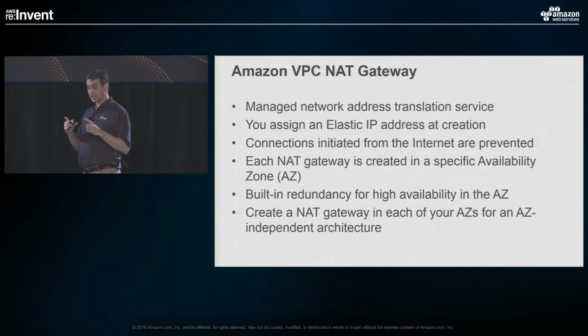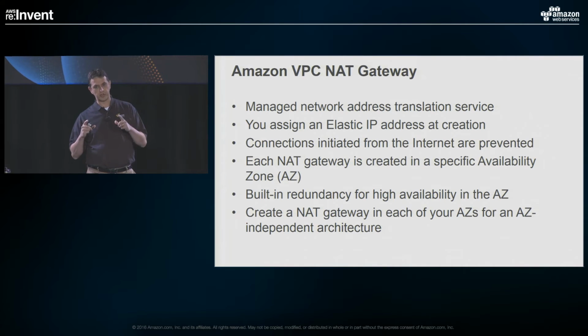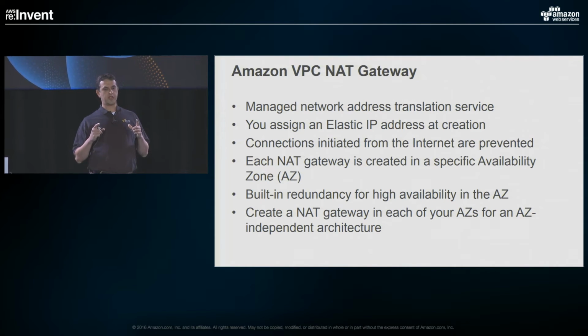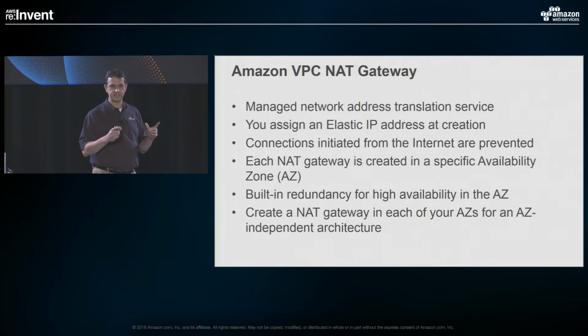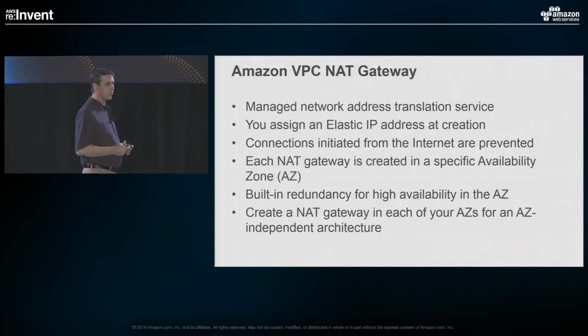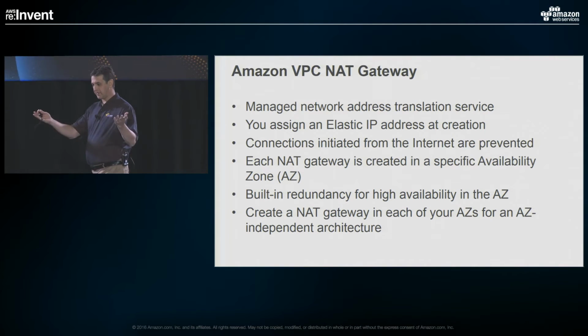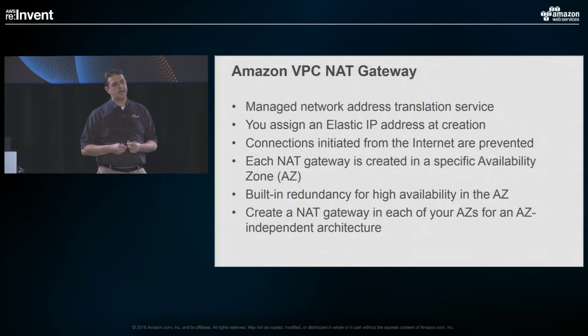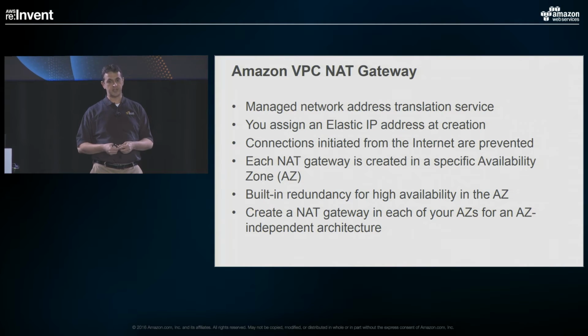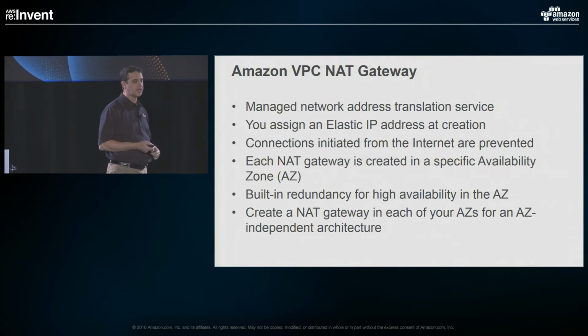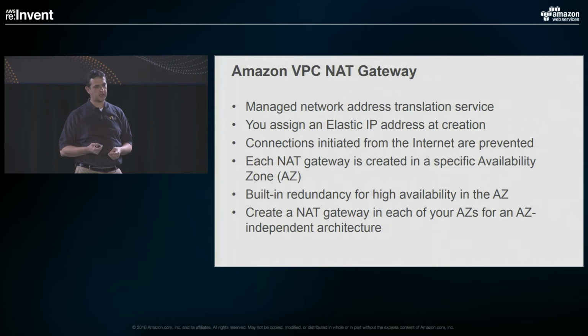And it is a highly available service, so you don't need to worry about configuring high availability or redundancy for that service. We take care of that for you. But if you wish to have an architecture that is not zonal dependent, where you need the architecture to be persistent across availability zones, you need to launch a NAT gateway for each availability zone in your architecture.